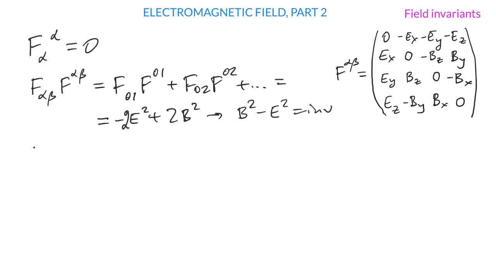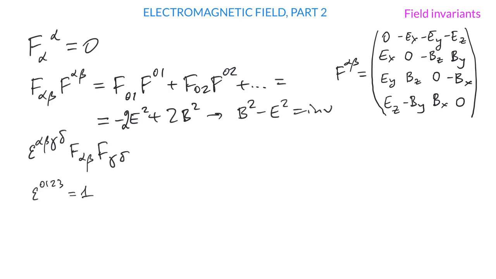Let's take the so-called fully antisymmetric fourth-rank tensor epsilon and contract the indices in this way. Epsilon is a fully antisymmetric fourth-rank tensor. It is defined in the following way. Epsilon 0, 1, 2, 3 is by definition equal to 1.